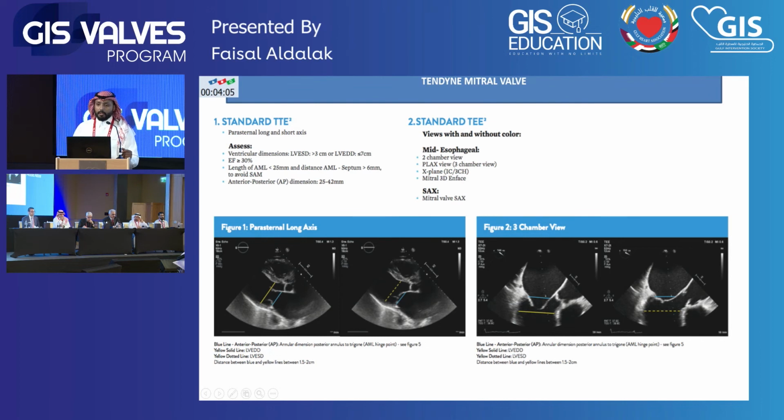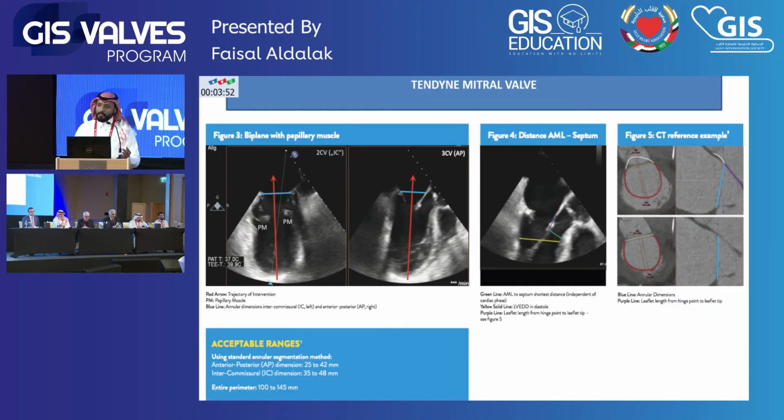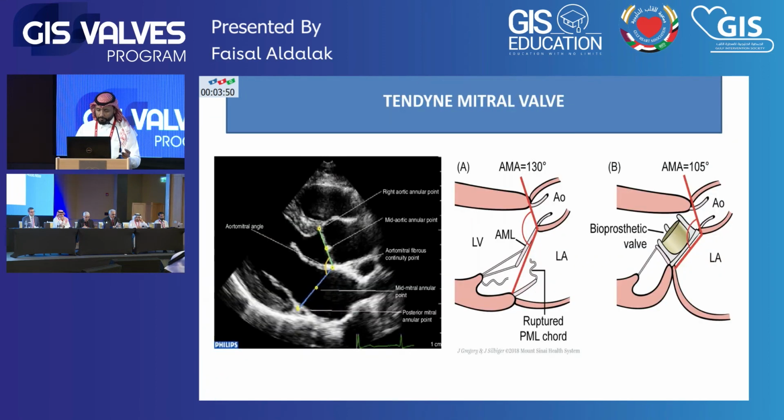Probably there's a lecture tomorrow about the tendyne, but mainly we have to measure the anterior leaflet. We have to make sure that we have enough space in the LVOT to avoid LVOT obstruction.